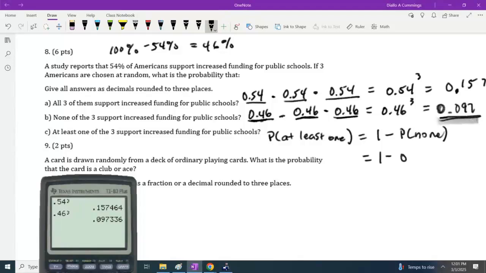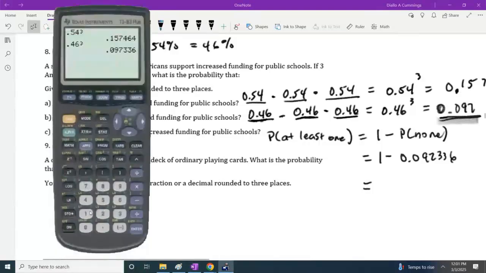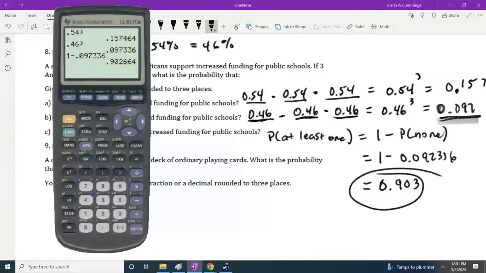Now I want to avoid rounding error, so I'm going to just put in this value, 0.097336. Right, 1 minus 0.097336 is 0.903.